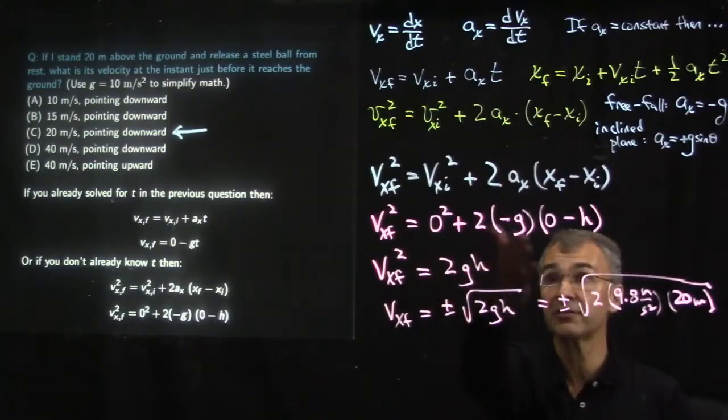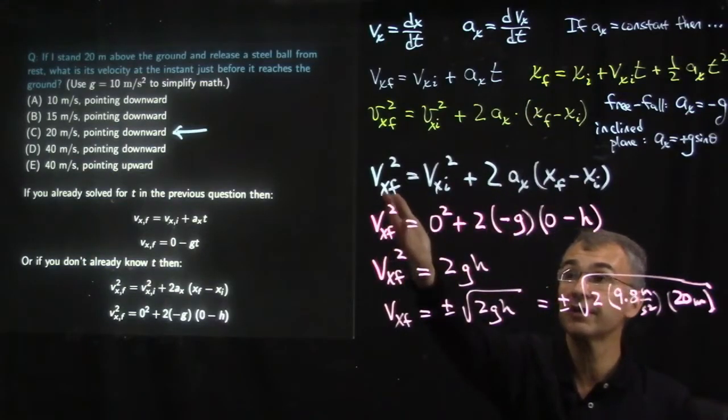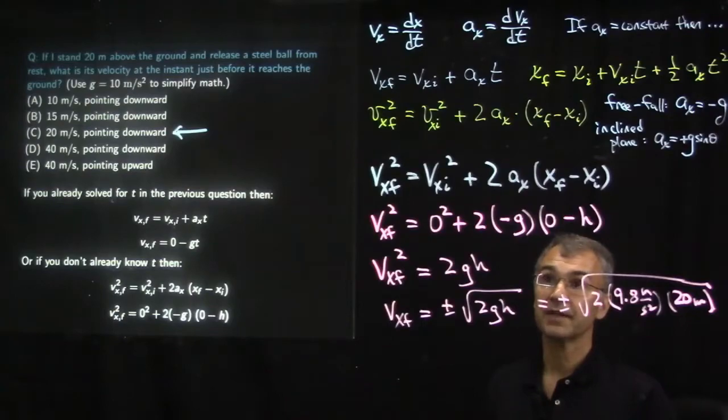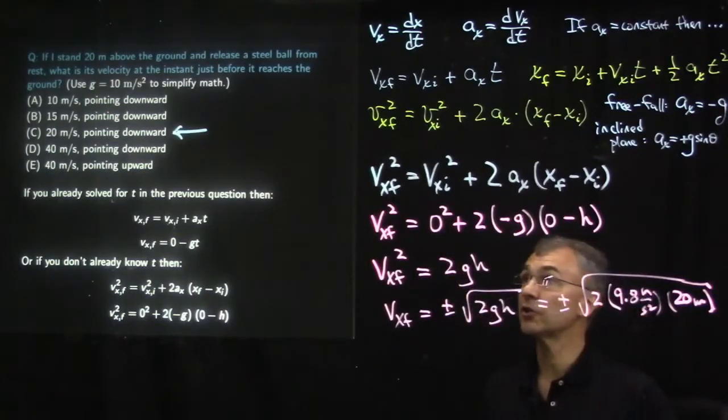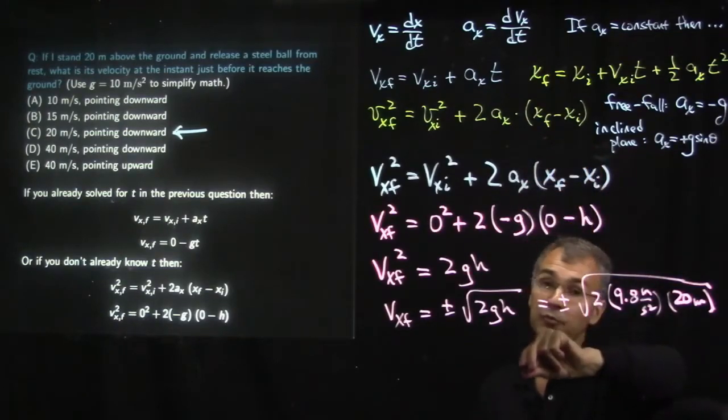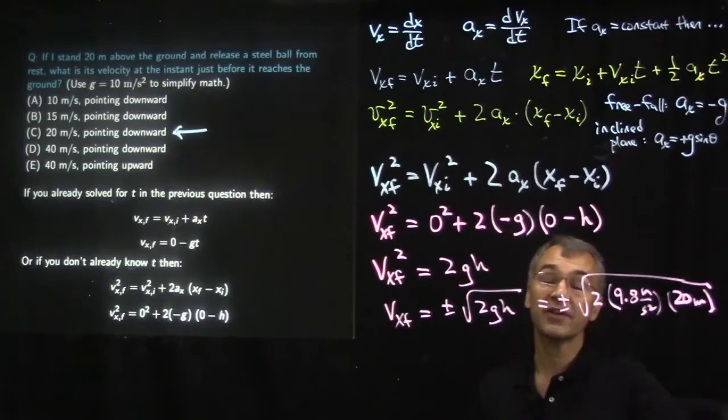So this equation, V final squared is V initial squared plus 2a delta x, doesn't give you a sign. You have to work out the sign. If you release it from rest, then when it gets to the ground, it's moving downward. Since our x-axis points upward for these problems, and it's moving downward, that must be a negative velocity.